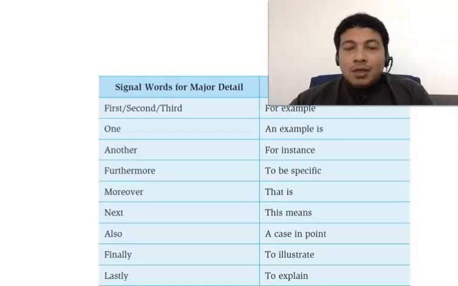For example, first, second, third, furthermore, moreover, next, also, finally, for example, for instance, to be specific, that is, this means, a case in point, to illustrate, to explain. So these would signal details in a piece of writing, in a paragraph or in an article.